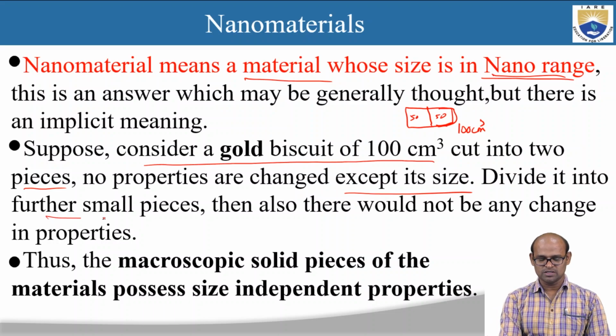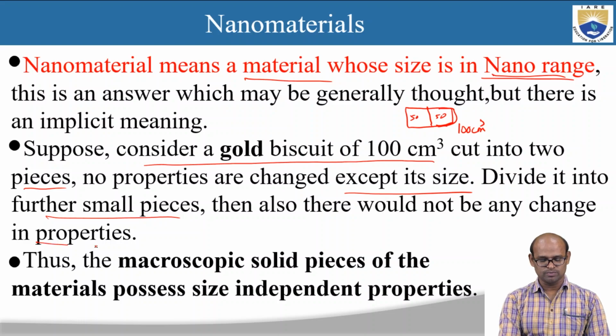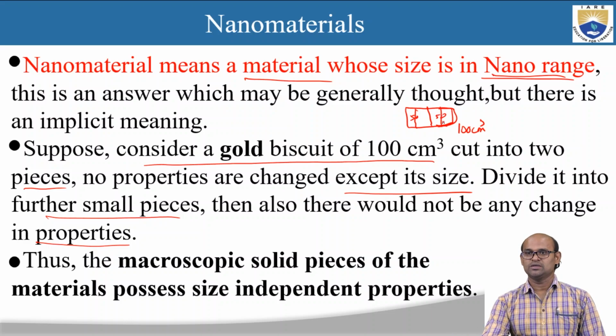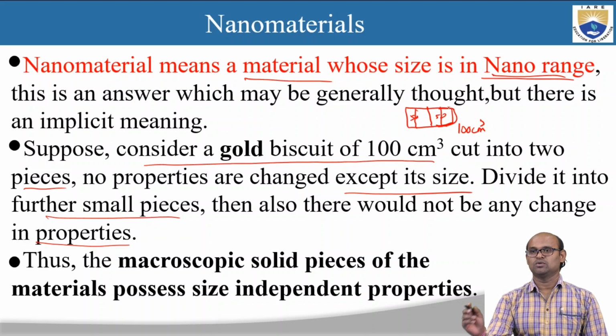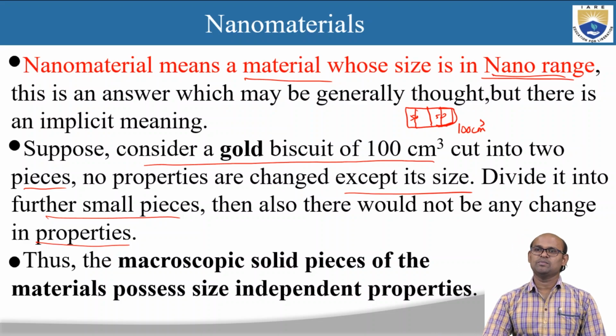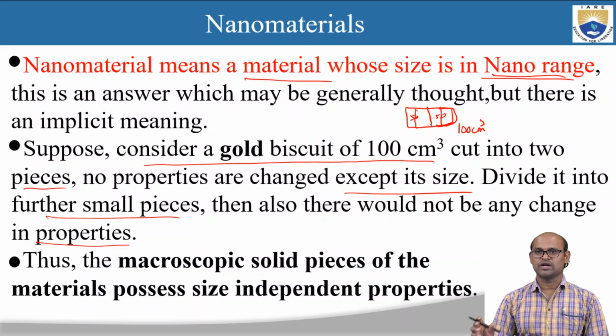If we divide into further small pieces, there would still not be any change in properties. For example, divided into four parts, 25 cube, 25 cube, 25 cube and 25, there are four small biscuit cubes. When we look at the properties of these four biscuit cubes, we will find no properties changed except their size, which is reduced to one-fourth of the original.